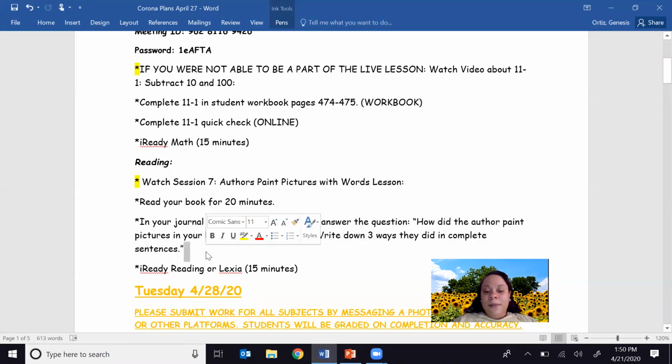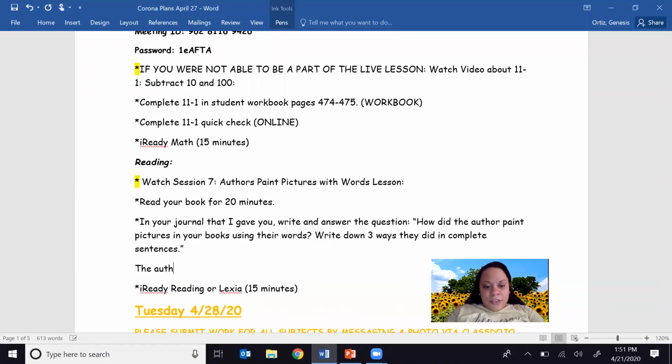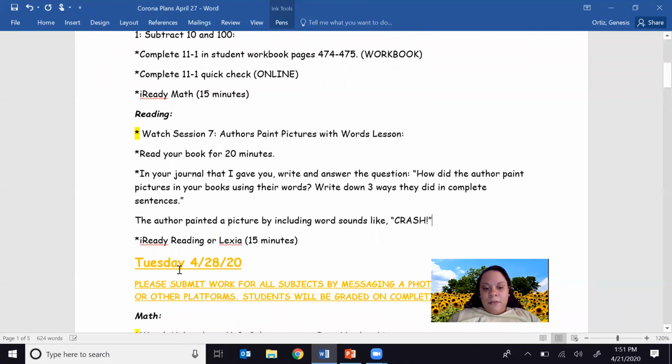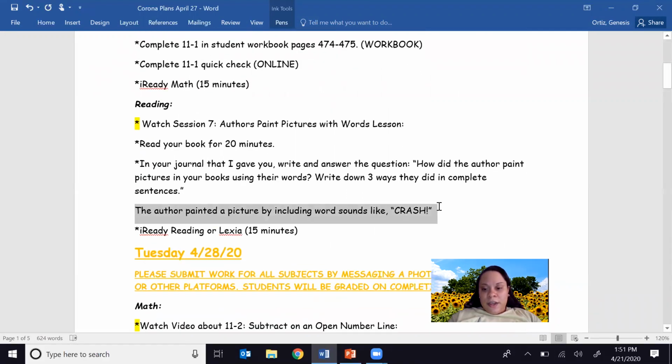So for example, complete sentences, that means I would say the author painted a picture by including word sounds like crash. So that's an example of what I expect to see when you guys submit your work, okay? So stuff like this, but I need 3 complete sentences, okay?